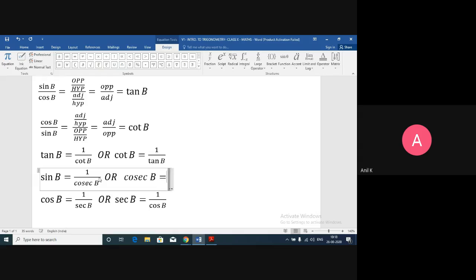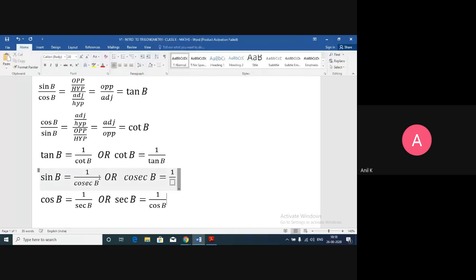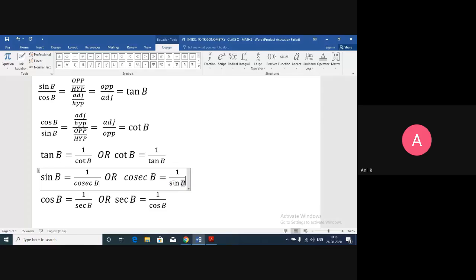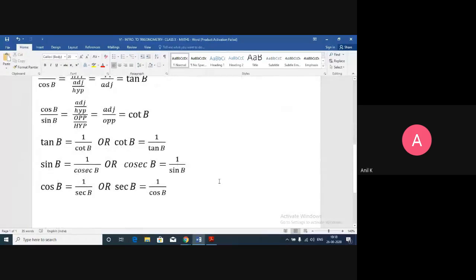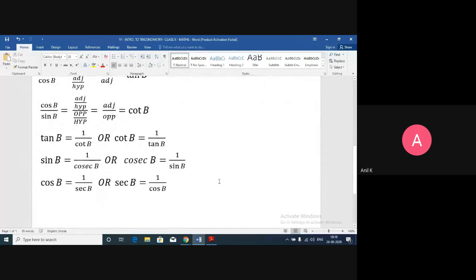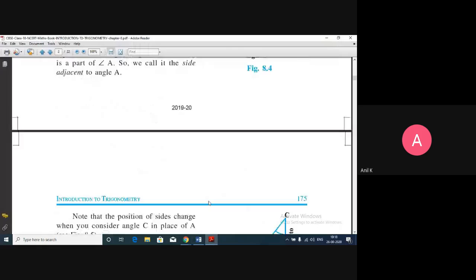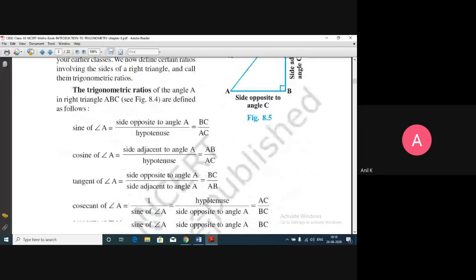Cosec B is equal to 1 upon sin B. So these formulas are clear, how they are related to one another, why they are related. Okay. So I think we have done these angles.